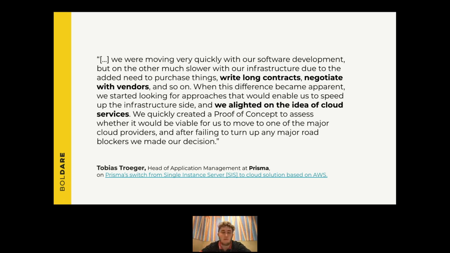Basically, the problems identified were writing long contracts and negotiating with vendors, which really slowed down progress. We have this customer mindset, and we want to deliver as fast as possible. So that was a challenge, and the company decided to go with AWS, and it was a really good decision from, for instance, a developer perspective.